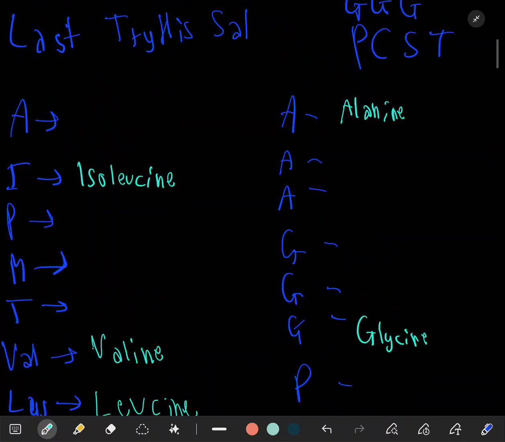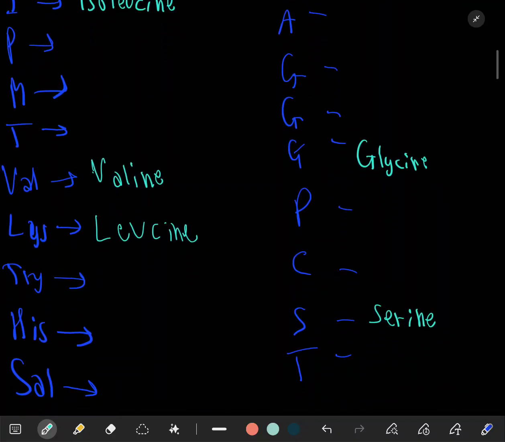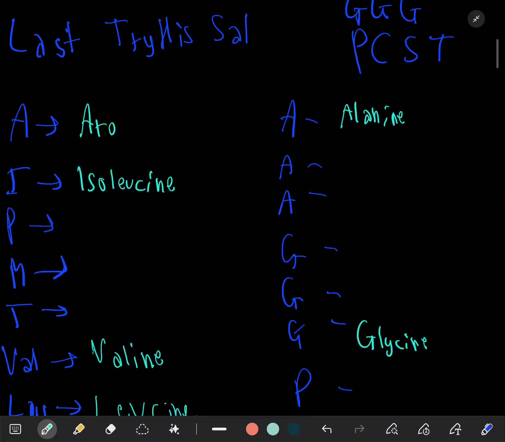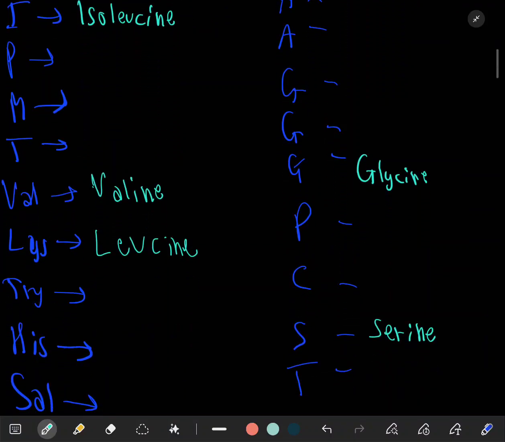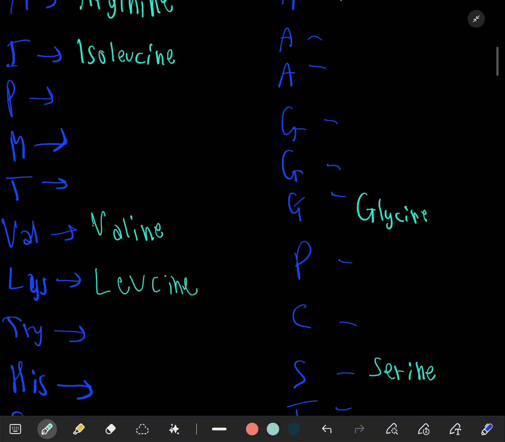Essential has lysine, L, and A is for arginine. Then valine, leucine.